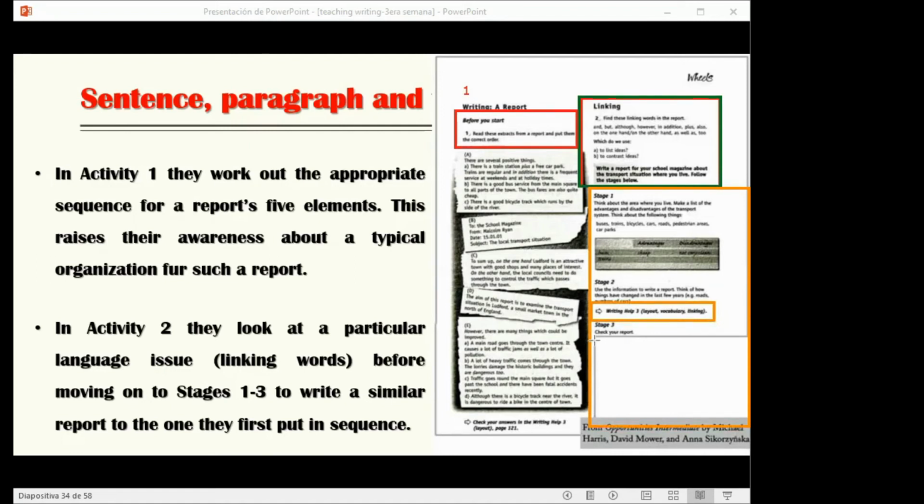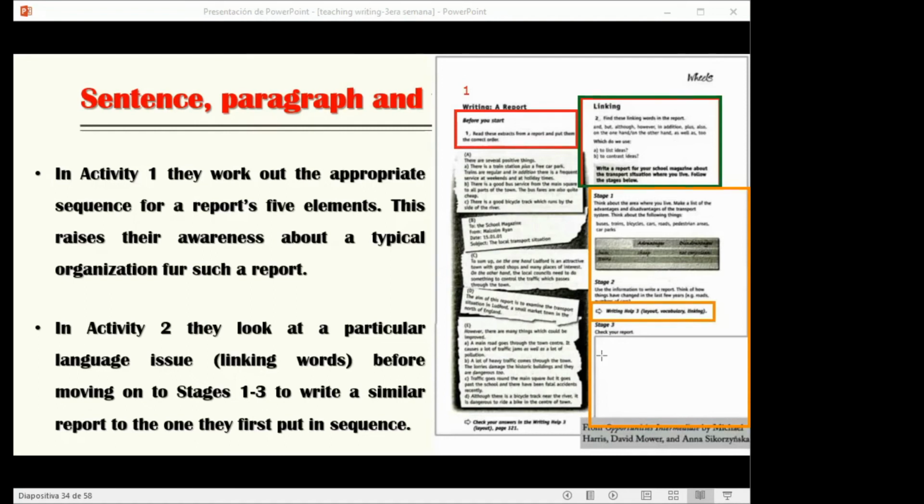Notice all the things. This is called controlled, because you control, you give some tasks in order to develop this paragraph, to write this kind of text. First, they need to organize some ideas, recognize the structure, the organization of a report. Then they need to identify some words to connect sentences, to connect ideas, to connect paragraphs too.